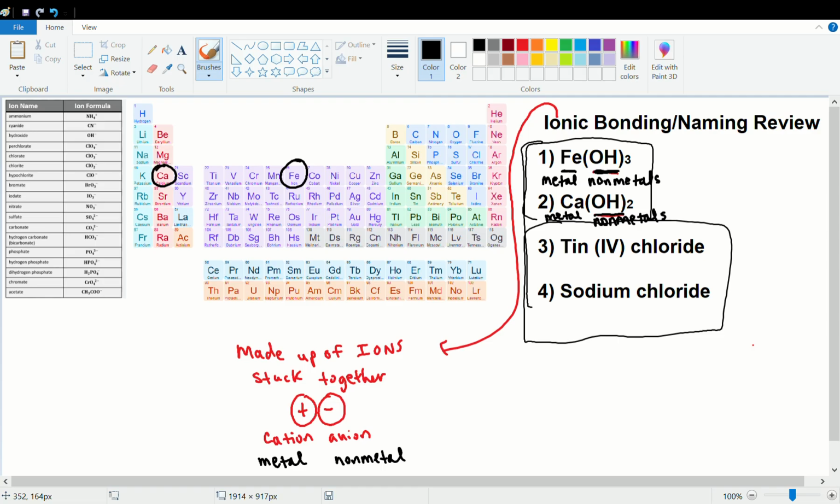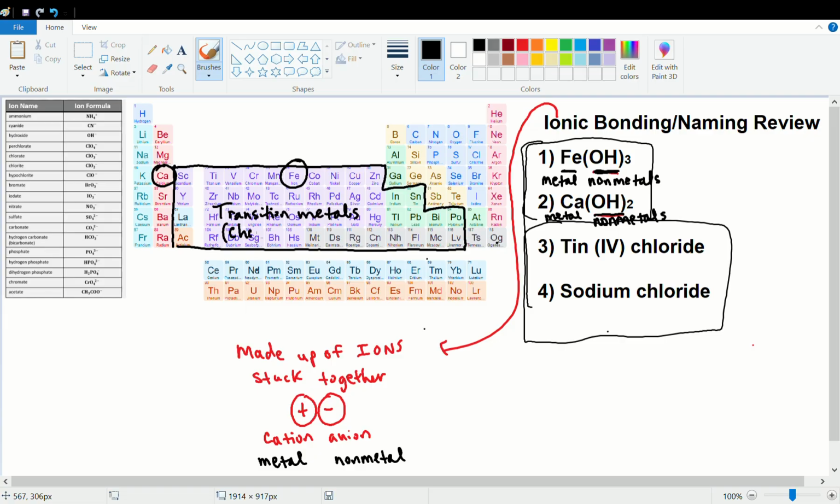These things we actually treat differently because I'm going to box this section of the periodic table, and it's going to come all the way down to about here and over. These metals that I just boxed are called transition metals. Transition metals have charges that vary.